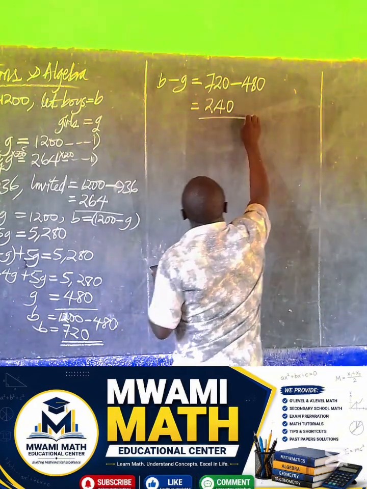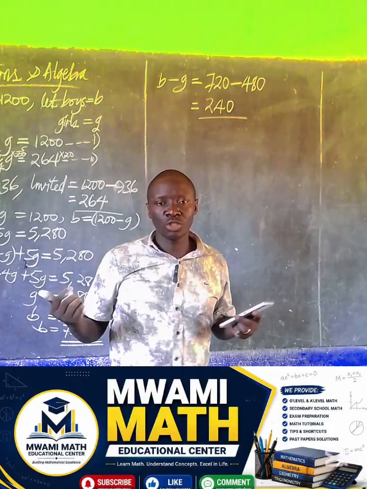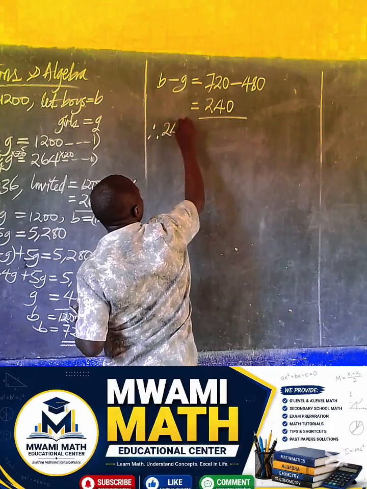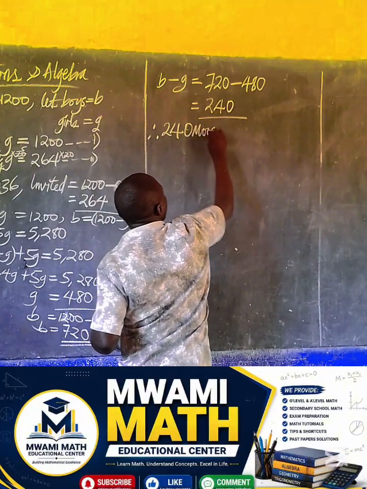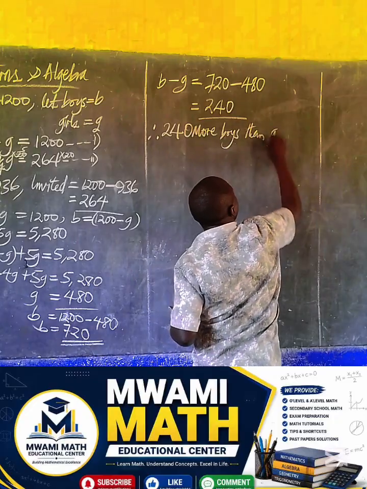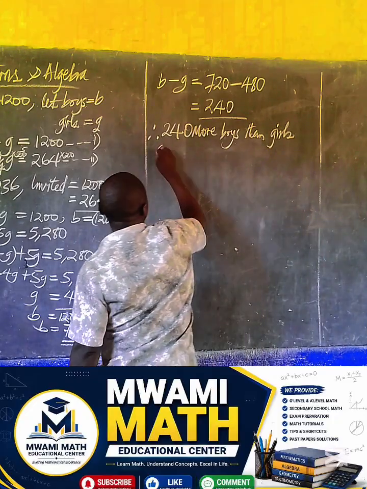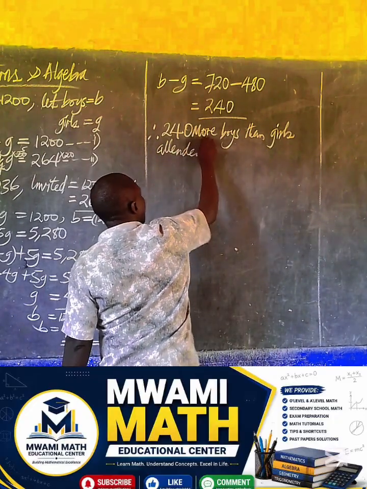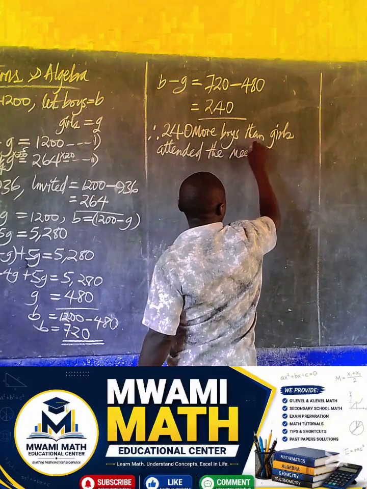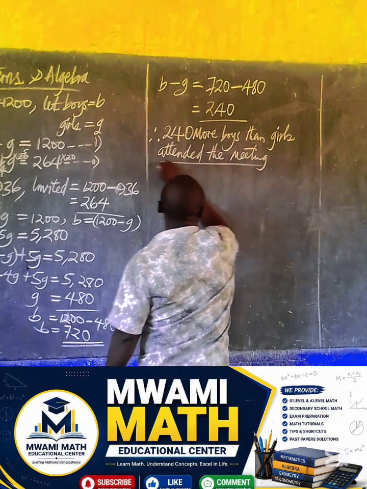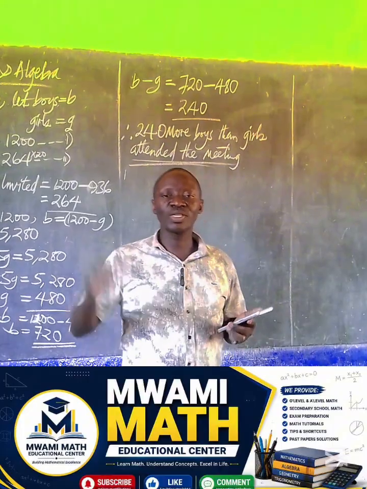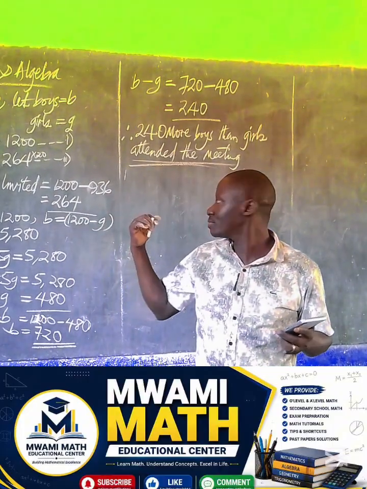So now, in our conclusion, we shall say, therefore, 240 more boys than girls attended the meeting. As simple as that. So straight away, we are moving to part C.